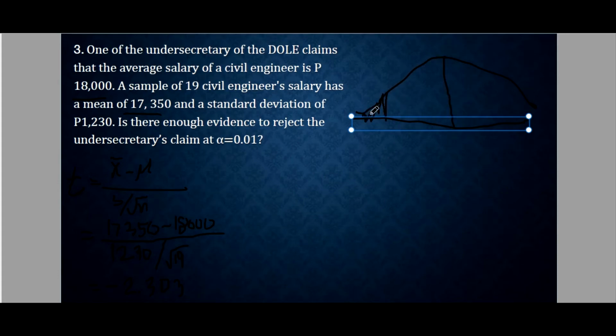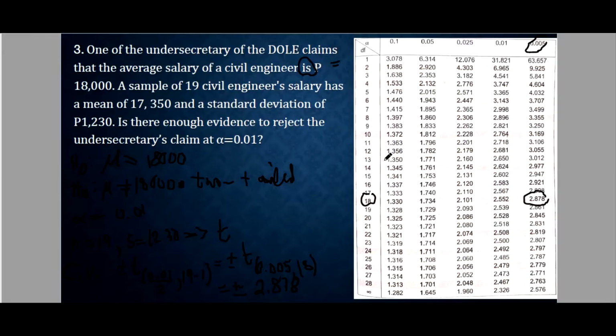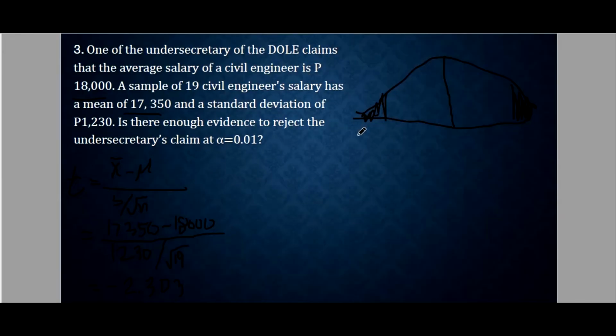This is two-tailed, so we have the left tail and the right tail. For the left tail, we have the critical value negative 2.878, and for the right tail, we have 2.878.